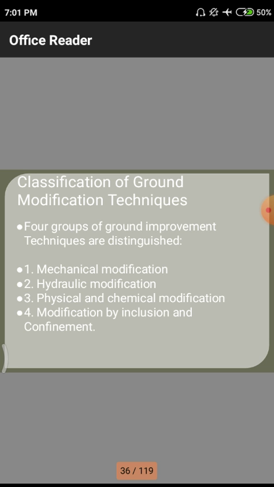In these modification methods we mainly have four kinds of techniques which are used a lot to improve soil properties. The first one is mechanical modification. That means to densify the soil of a particular area we need mechanical modification.